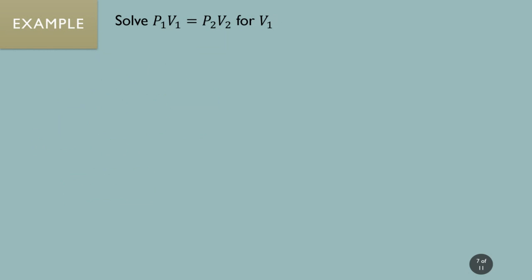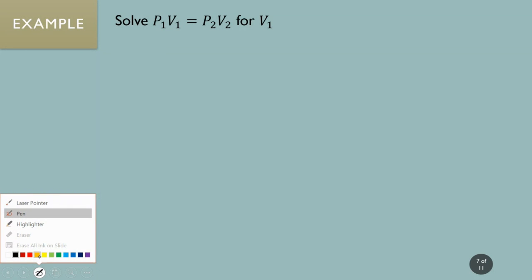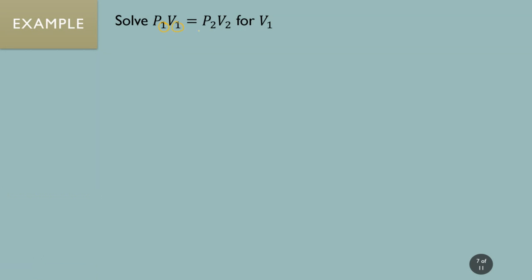This one looks kind of complicated. We want to solve P1V1 equals P2V2 for V1. So those numbers underneath, those are subscripts.